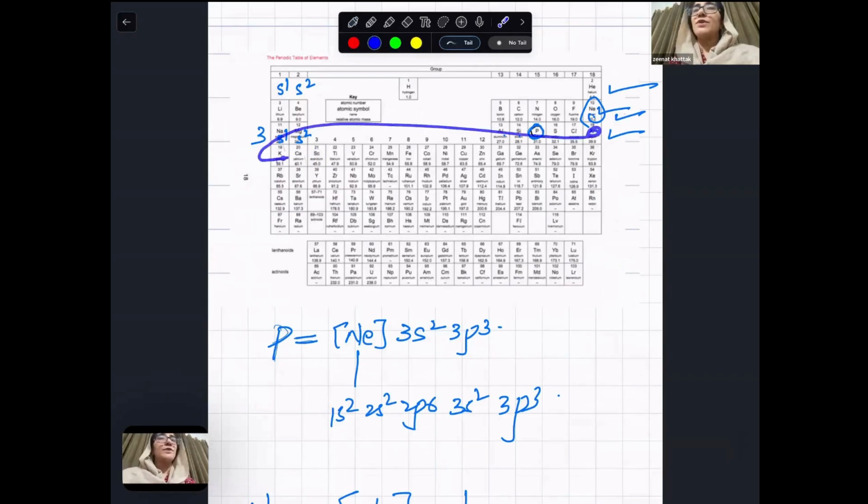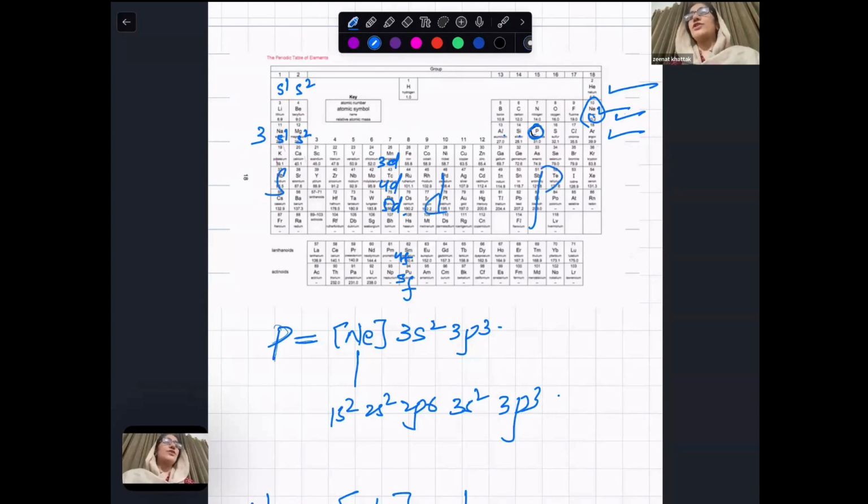Argon 4s2, 4d1. No, sorry, 3d1. This is the 3d series, this is the 4d series, this is the 5d series, and these are f, 4f and 5f. S block, p block, d block, and f block. So if I do the configuration of scandium, what is it?